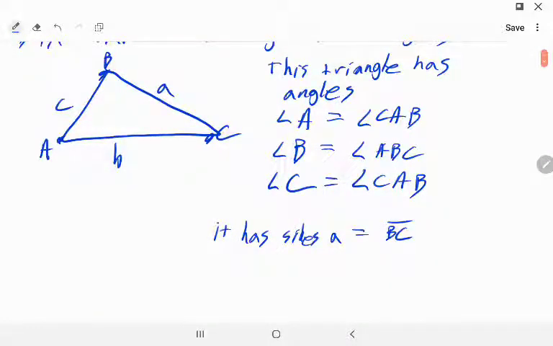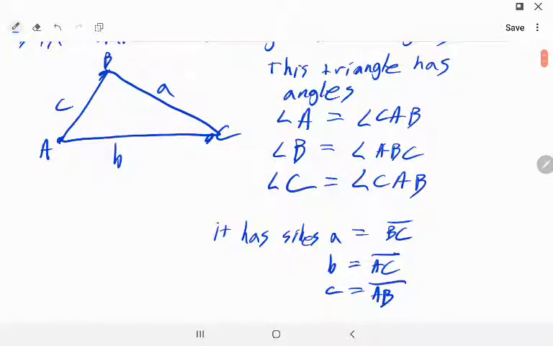So little a is the same thing as the line segment from B to C. Little b is the same thing as the line segment from capital A to capital C. And little c is the same thing as that line segment from A to B. And so we can define the sides in terms of pairs of points. We can define the angles in terms of points.